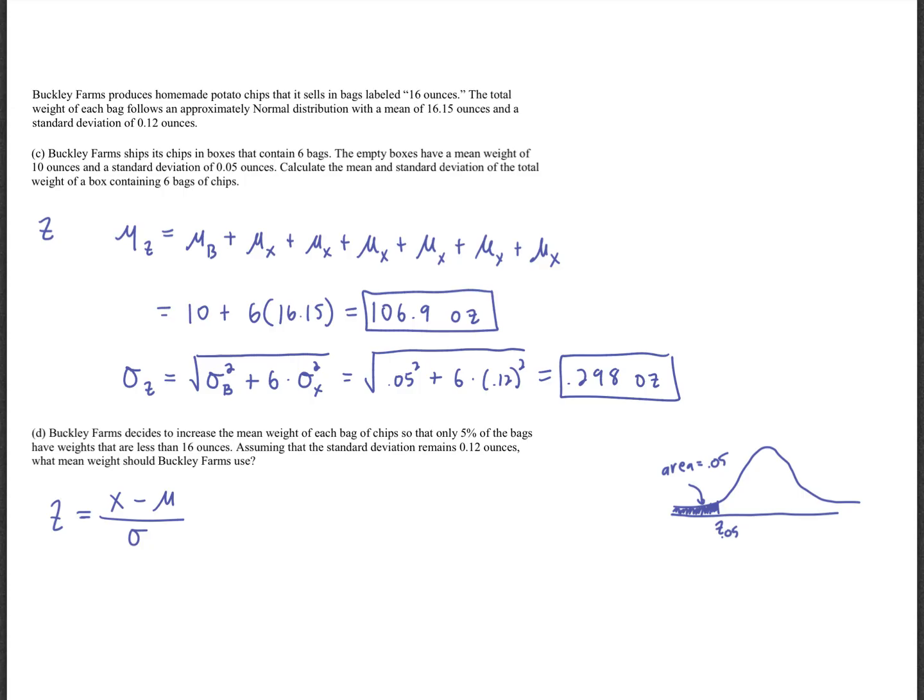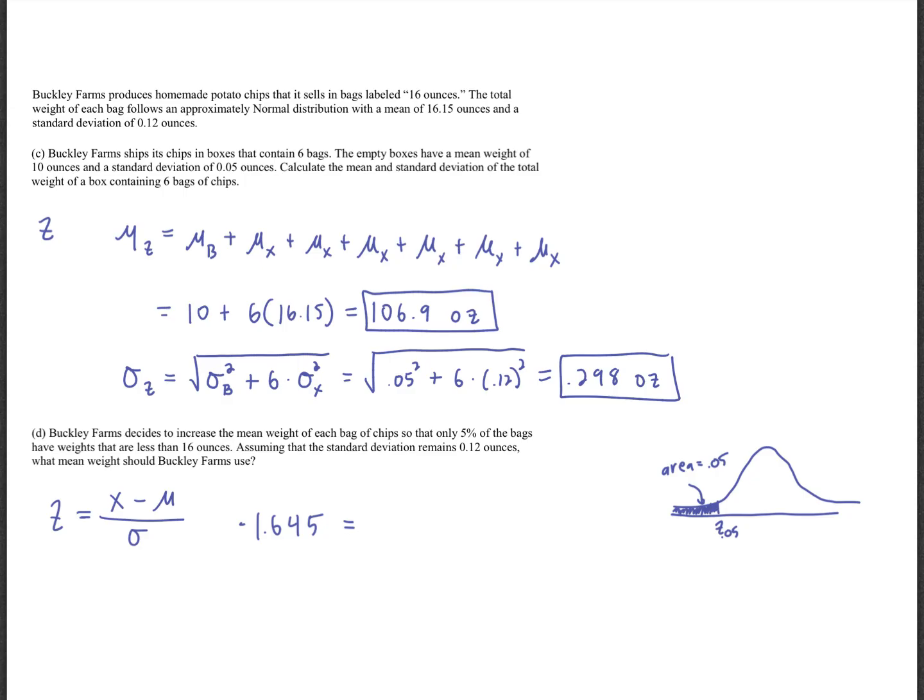Okay, that you can find from table A. Or you can do inverse norm and just make the mean and standard deviation 0 and 1. But I'm just going to do it from table A. And if you find it from table A, the z-score ends up being negative 1.645. It's right in the middle of 4 and 5. So, okay, that's our z-score.